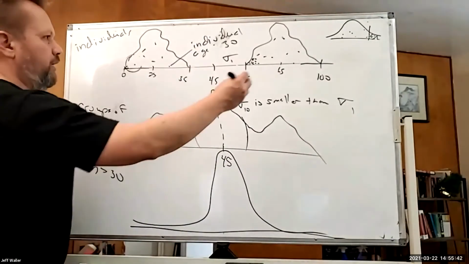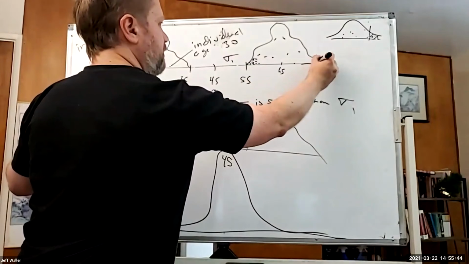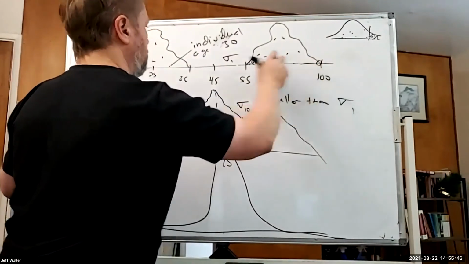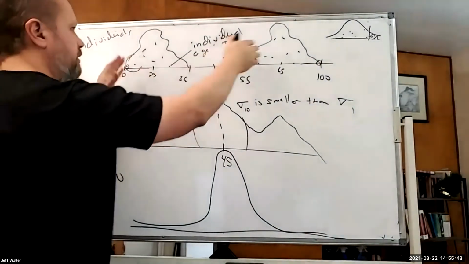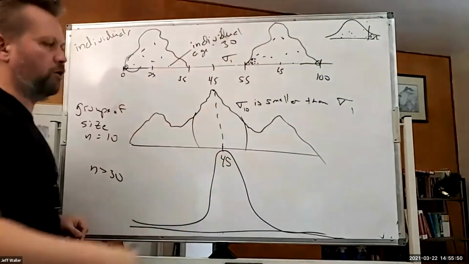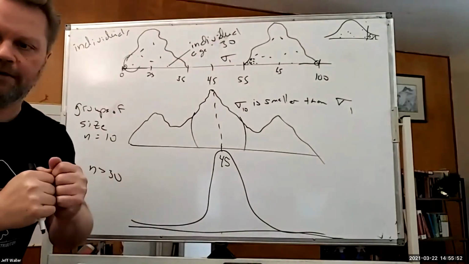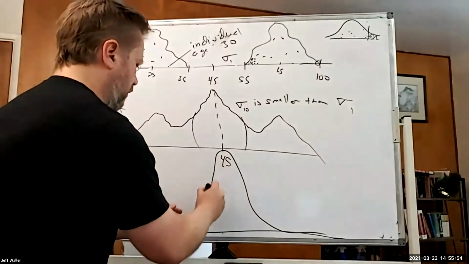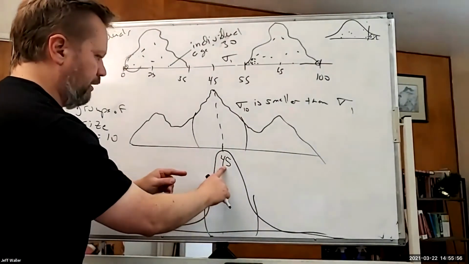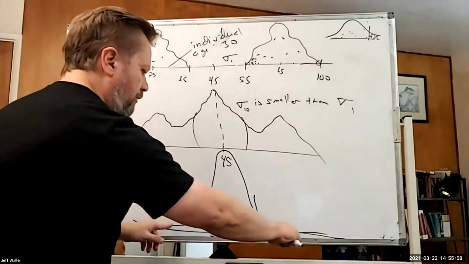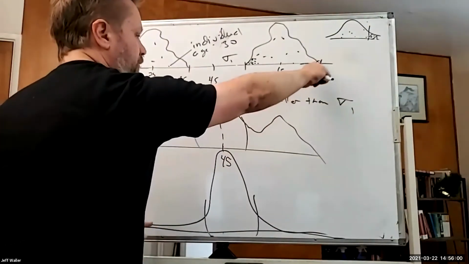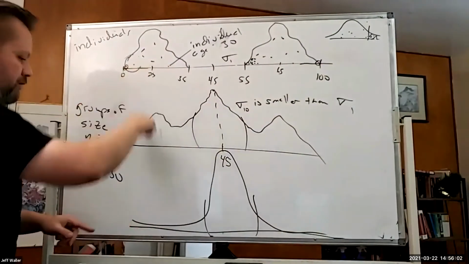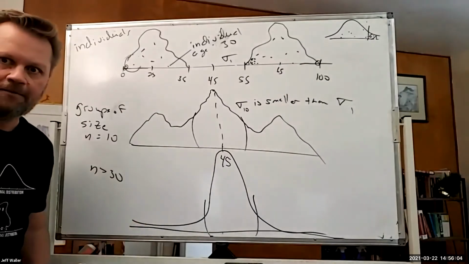It's going to be really, really hard to get just 30 people that are there or just 30 people that are there. It's going to have to be some kind of a mixture that happens most often. So most often you're going to get people close to the mean, and it's going to be very unlikely to get a group of just 100-year-olds or a group of just 10-year-olds or something.